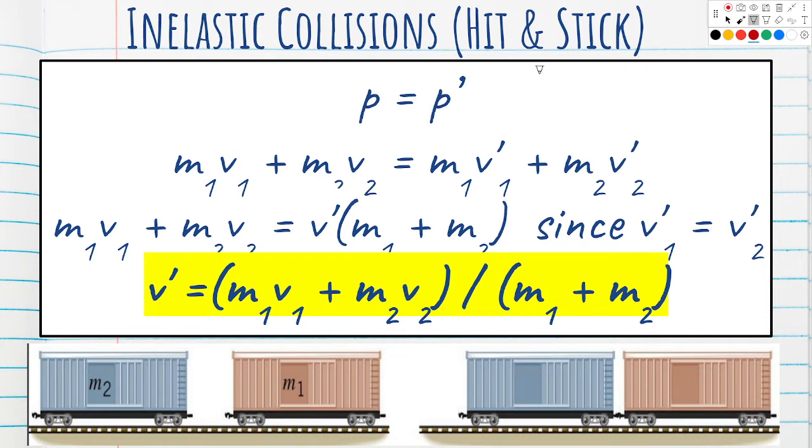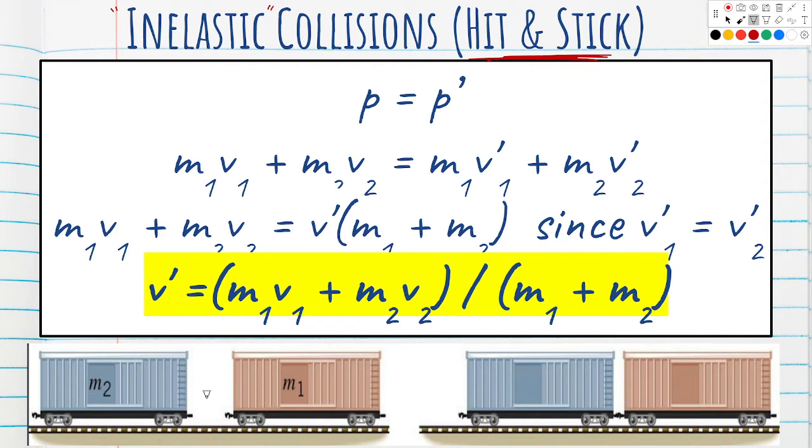I like to call it the hit and stick formula. The technical name, the fancy name, is the inelastic collision, where these things don't bounce off each other. They don't have their own independent speeds. A good example is 2 train cars. Here I've got mass 1 and mass 2, and they are moving some way.